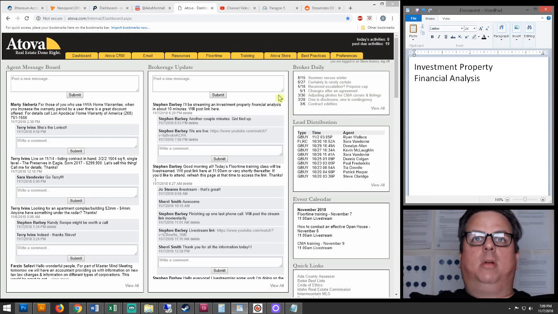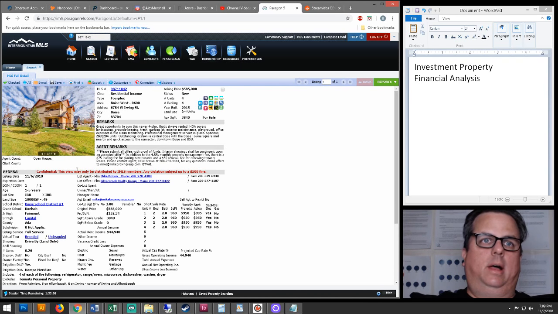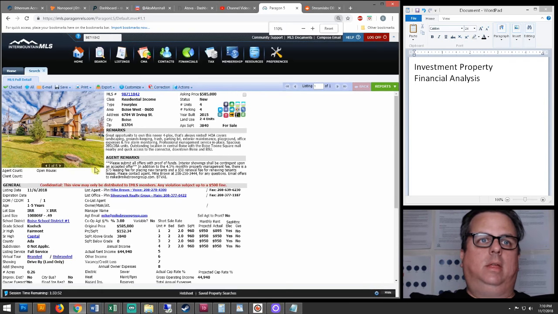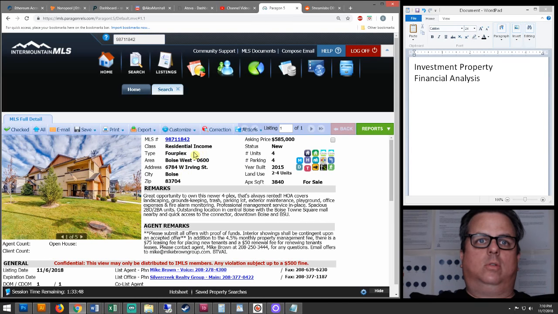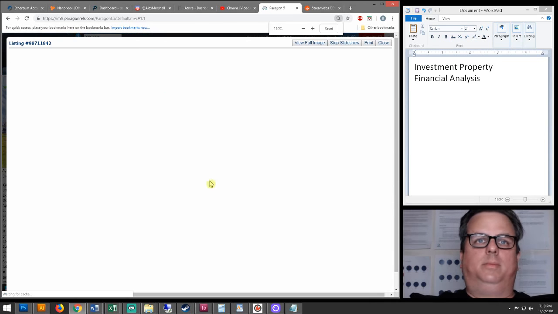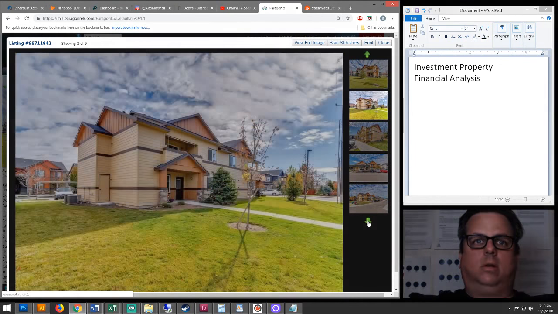With investment property, I think I have it open right here. Yeah, this is the property that I've been asked to look at, and it is a fourplex in West Boise, and it's 3840 square feet. Looks pretty cool. It looks newer.